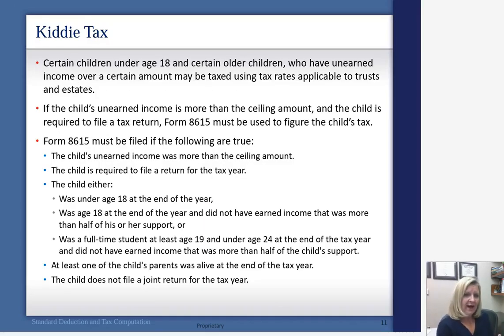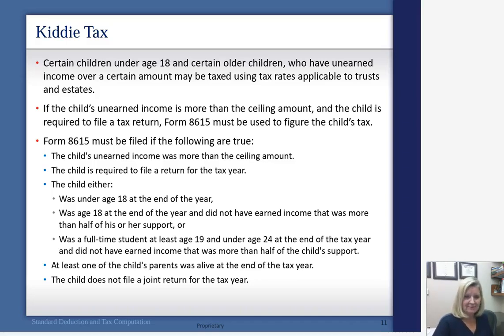All right, if you're doing a return for a child under the age of 18 and they have unearned income over a certain amount, they may be taxed at higher rates. This is pretty uncommon to see, but if you do end up having someone come in to get their taxes done that has a lot of unearned income, more than the ceiling amount, and they're required to file a tax return, then you do have to file that Form 8615 if all of these things listed here are true.